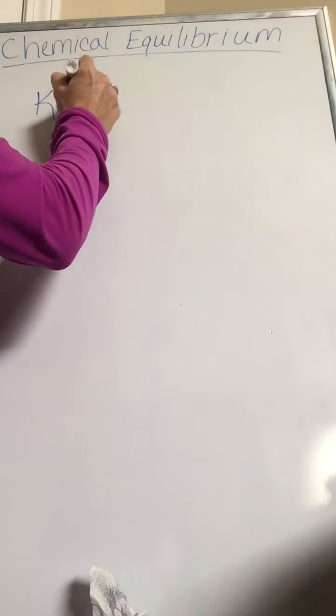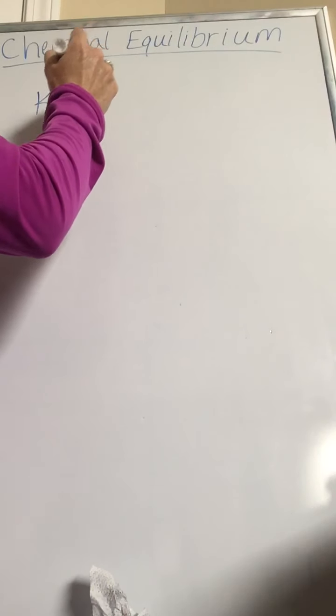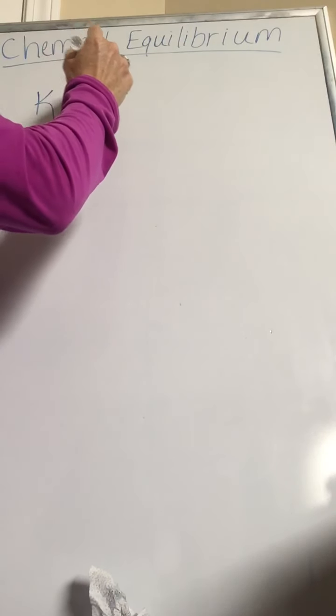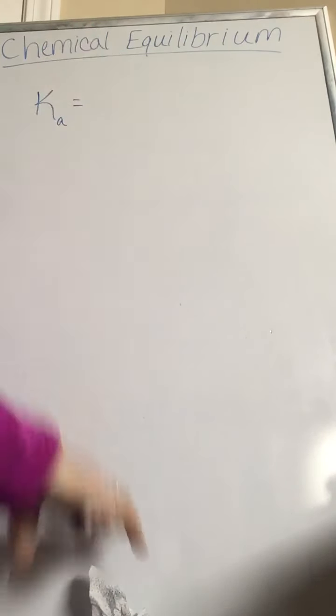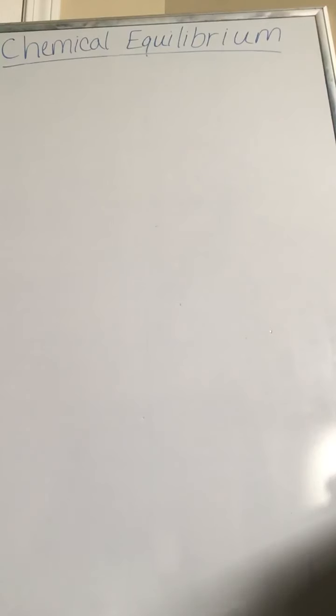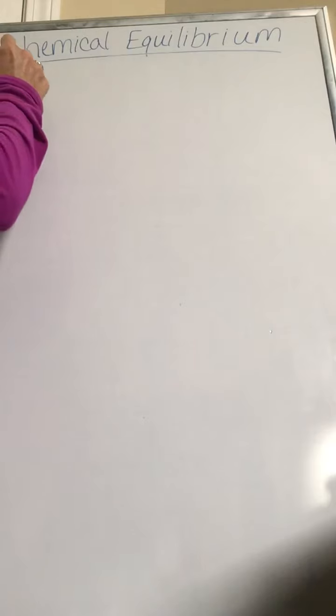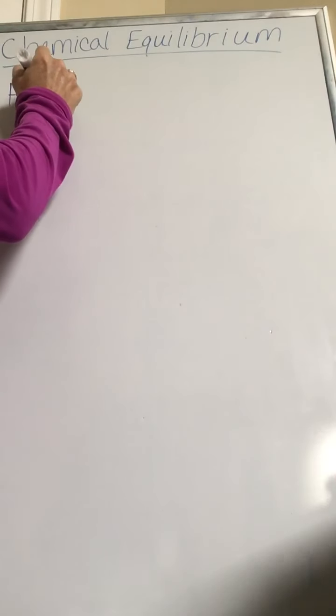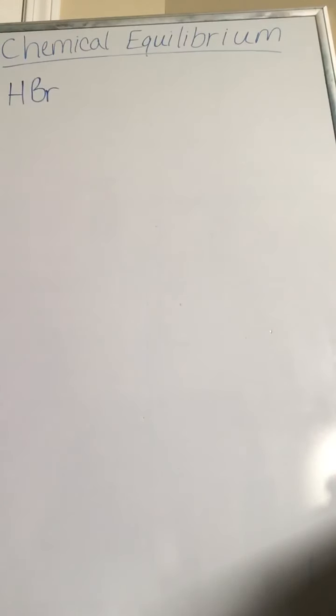Because we know that, let me give you an example. They give this example on page 505. If we have hydrobromic acid, we need to determine the acid ionization constant equation.